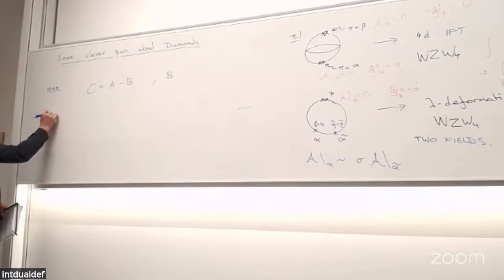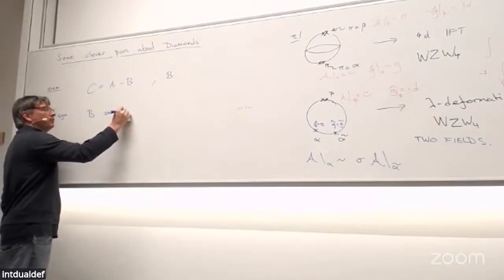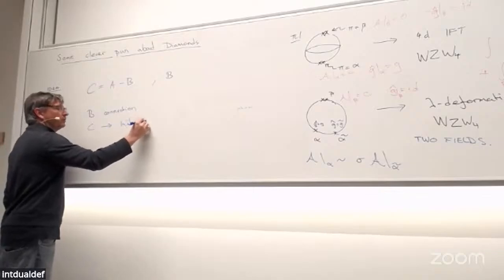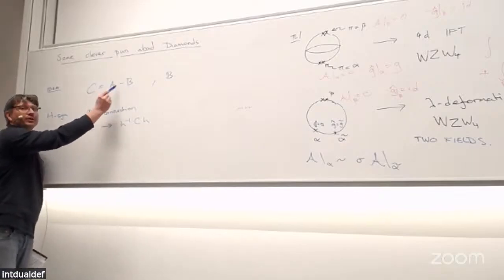In particular, there's this H gauge symmetry for which B is a connection and C transforms adjointly. Okay. So the H inverse DH bits cancel off between these pieces.